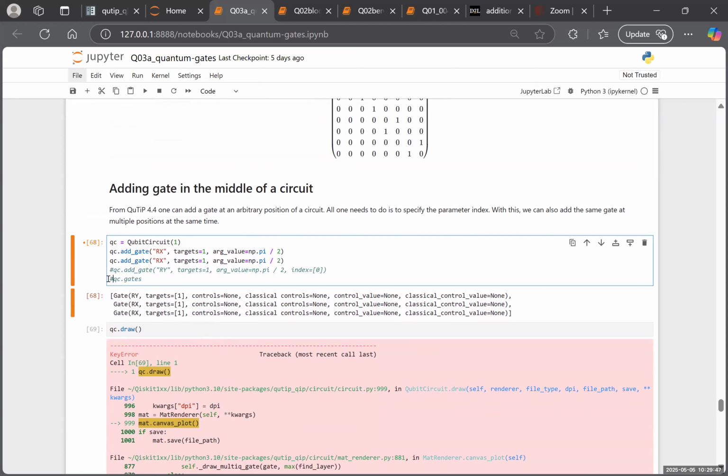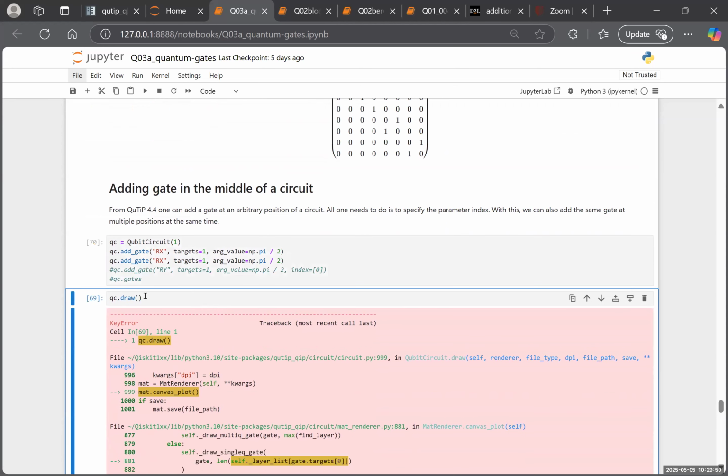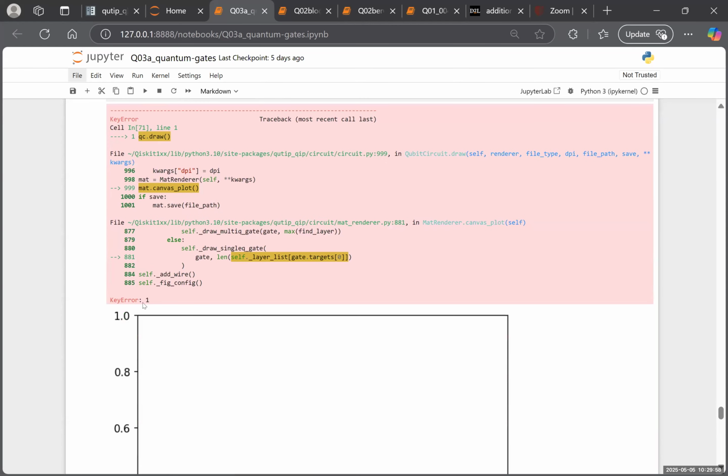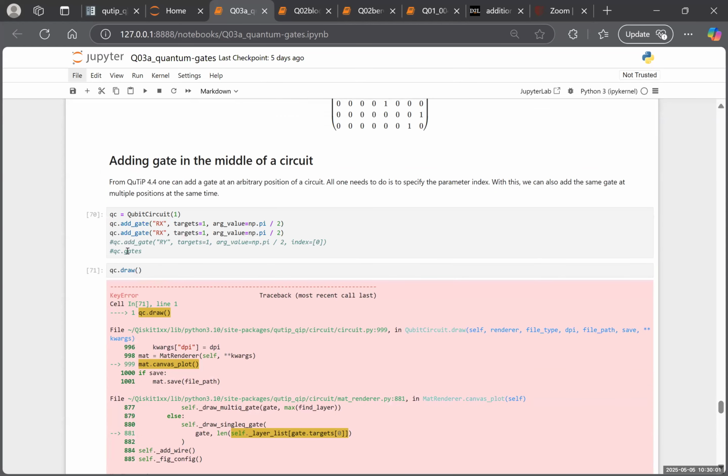Just do this, see whether it would draw. Okay, let's see, that's even the simplest one.